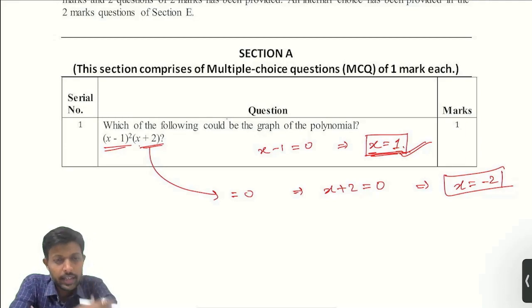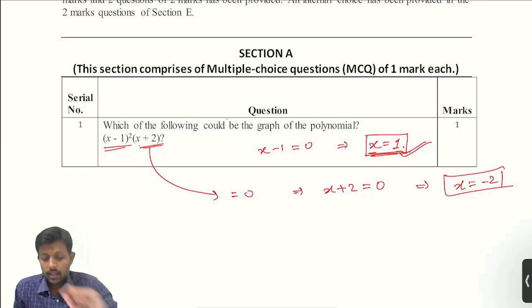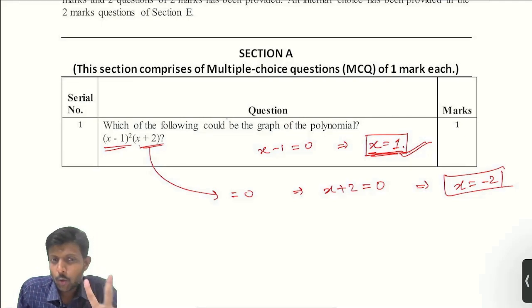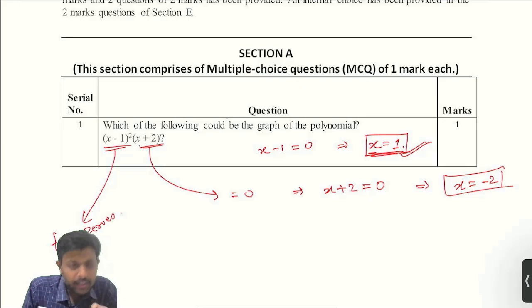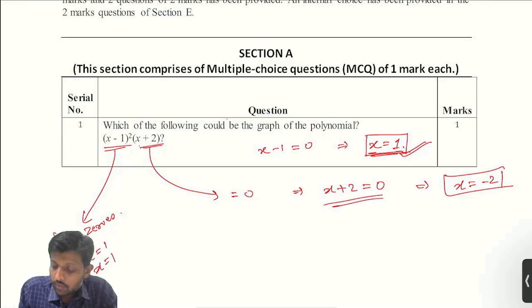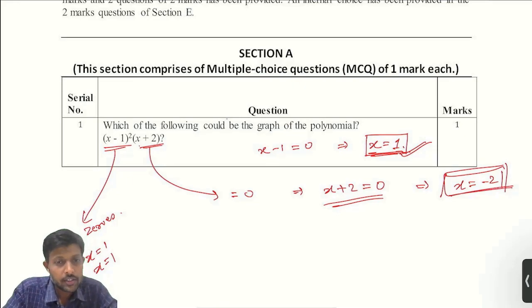Okay, while we are there, let's do one more analysis so that we can directly get the answer. Here's the analysis. Two of its zeros are actually the same. So this will give you two zeros, and both the zeros are actually the same. So x equal to 1 and x equal to 1. And this will give you the third zero, x equal to minus 2.